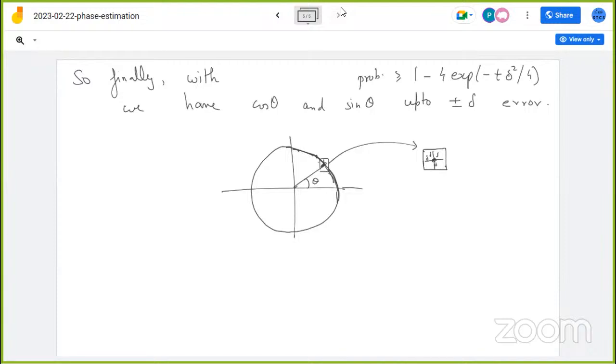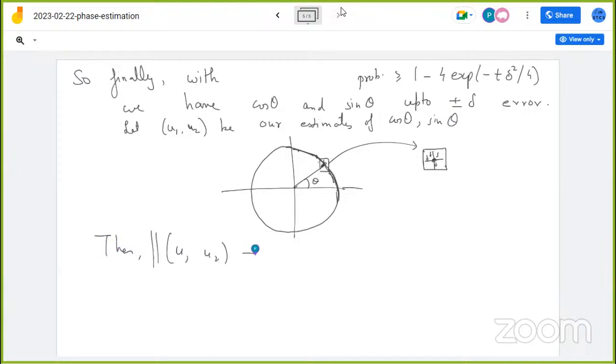Let U1, U2 be our estimates, and the difference between U1, U2 and the correct point cosine theta, sine theta is small.